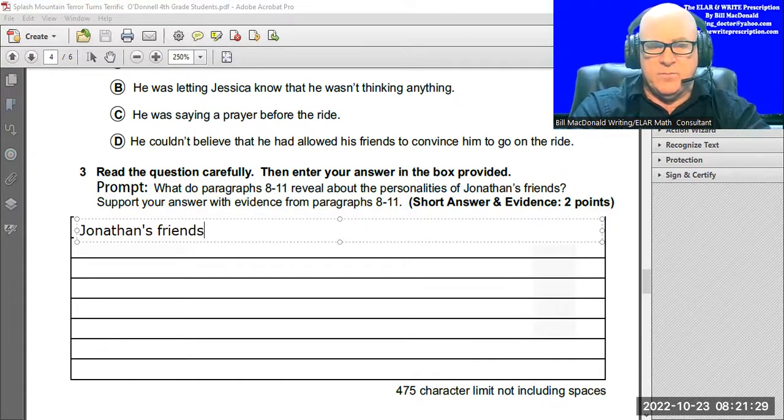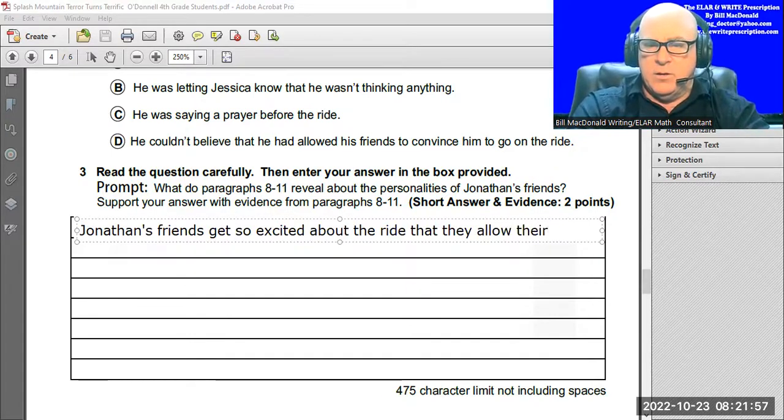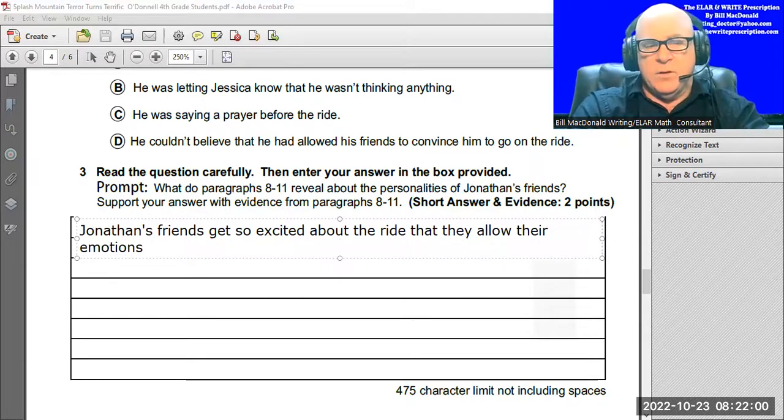Jonathan's friends get so excited about the ride that they allow their emotions to react more to the ride than other.